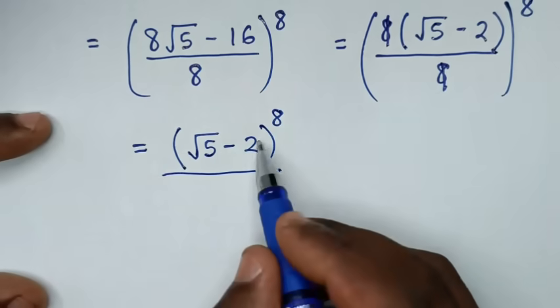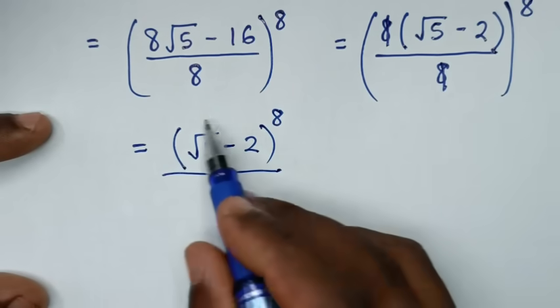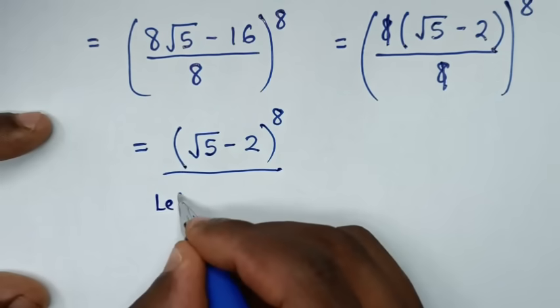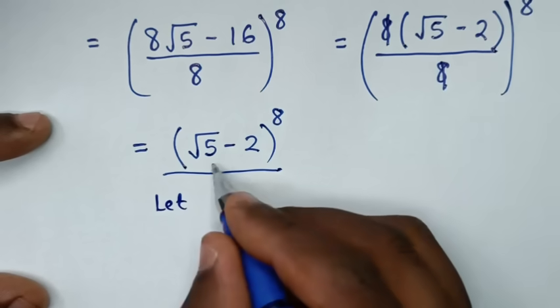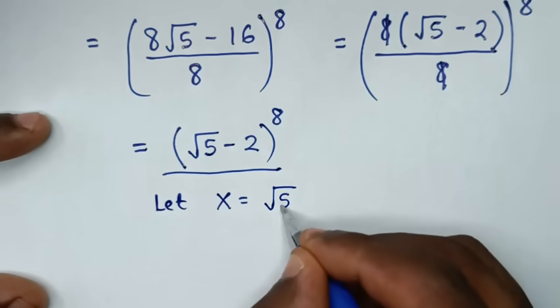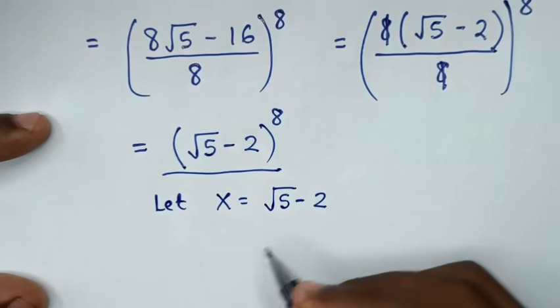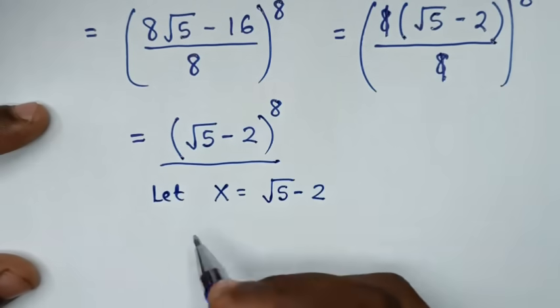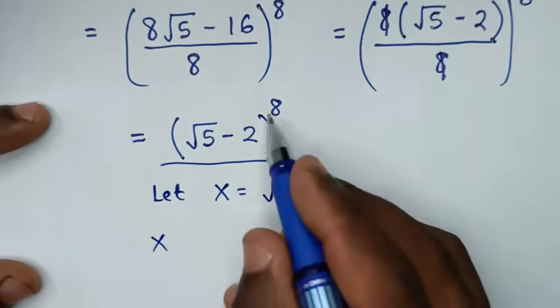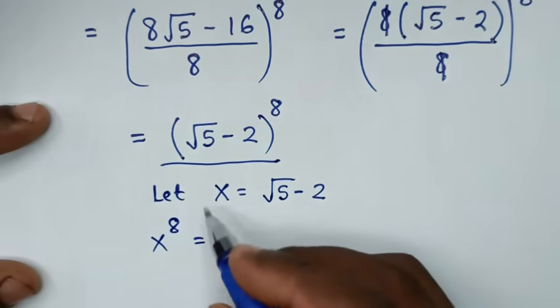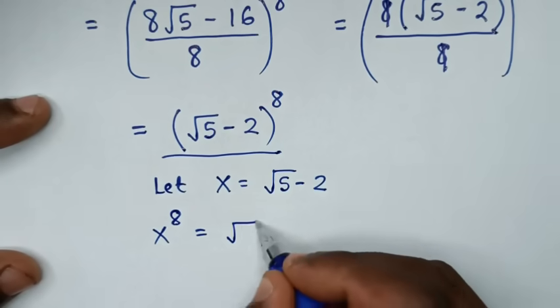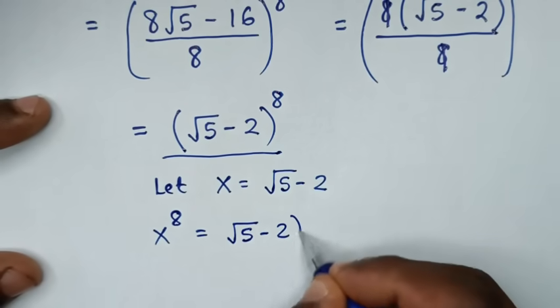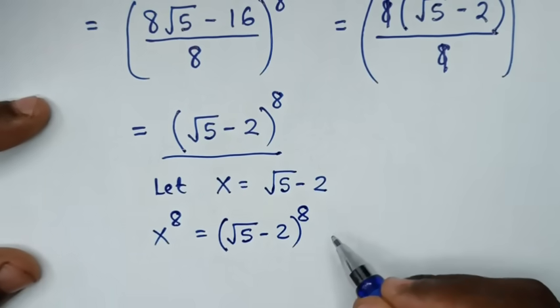so from this here inside the bracket we'll let x be equal to this here, which is square root of 5 minus 2. So this part here will be x to the power of 8, which is equal to this here, which is square root of 5 minus 2, bracket power of 8.